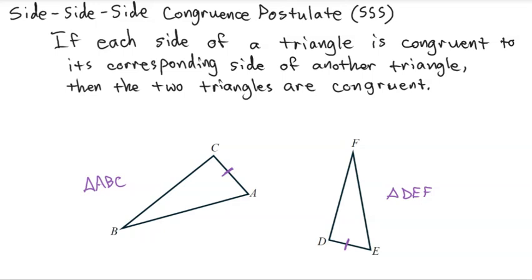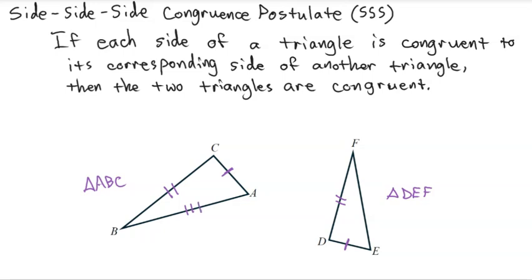Okay, so if the shorter side is congruent to its corresponding side in another triangle, and the medium side is congruent, to distinguish, we'll put two slashes through the next one. So if the medium side is congruent to the medium side in the second triangle, then we'll put three slashes in the long side.